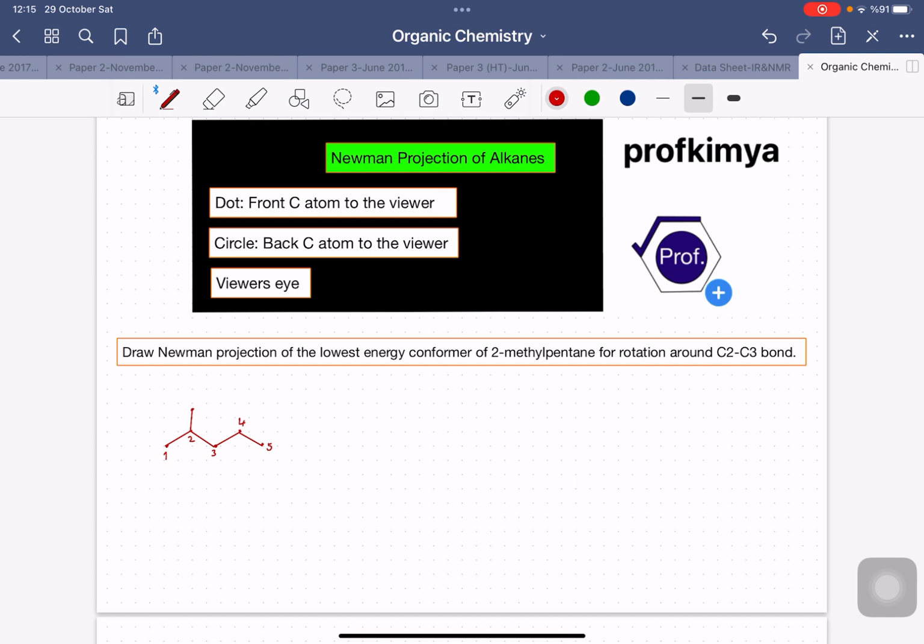This molecule is now 2-methyl pentane. This is the line structure of 2-methyl pentane.